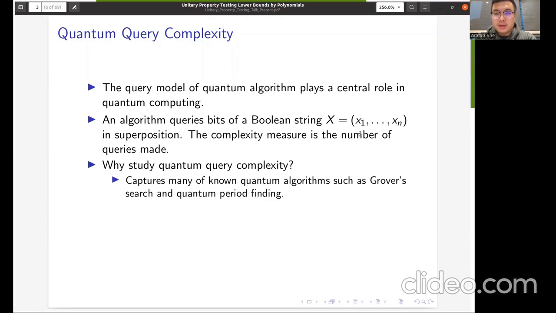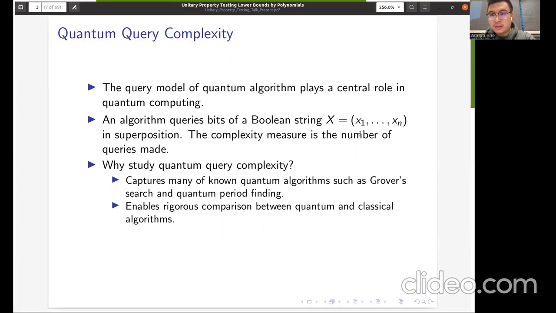Firstly, it captures many of the known quantum algorithms, such as Grover's search and the quantum period finding algorithm, which is the basis for the quantum speedup in Shor's factoring algorithm. Secondly, since we can actually prove lower bounds for query complexity, unlike in many other models of computational complexity, this enables a rigorous comparison between classical algorithms and quantum algorithms for solving a particular problem.